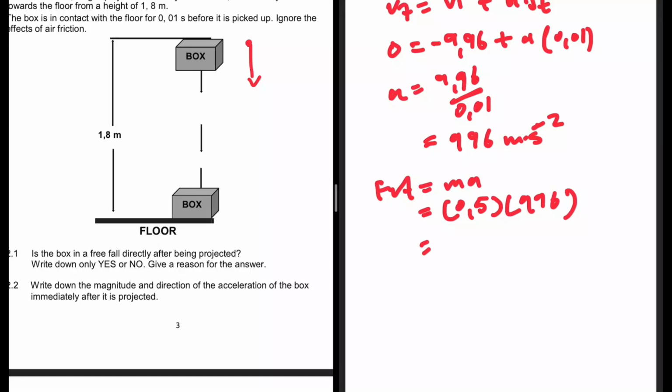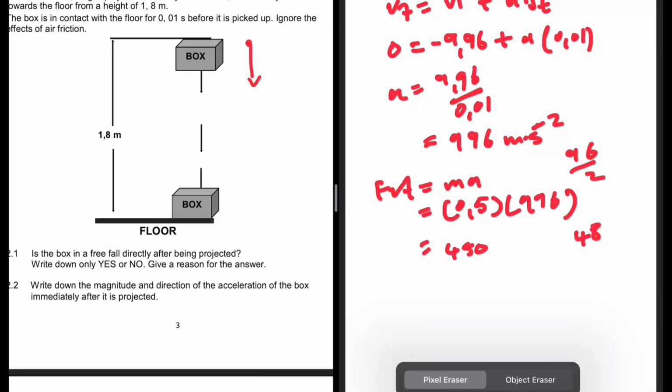If we divide 900 by 2, we'll get 450, and then we have 96. When we divide 96 by 2, we get 48. So 450 plus 48 is 498. Yes, okay.